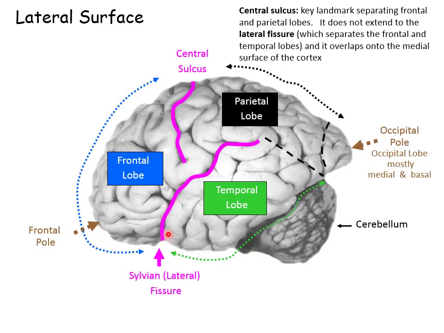The lateral fissure is a very deep fissure, and it separates the temporal and the frontal lobes. You see here the frontal lobe, we see the frontal pole, we see the parietal lobe, the occipital lobe and the temporal lobe, and we also see the cerebellum. The frontal and temporal are very clearly separated by the lateral fissure. The parietal and frontal are very clearly separated by the central fissure.